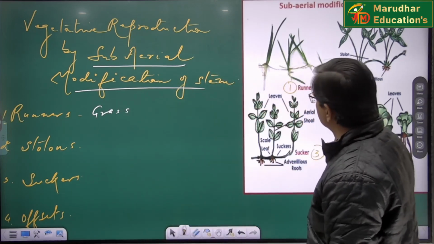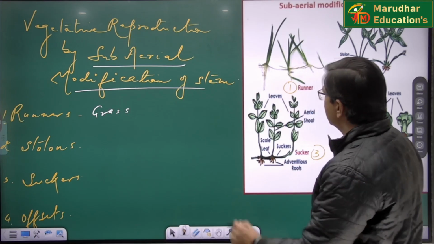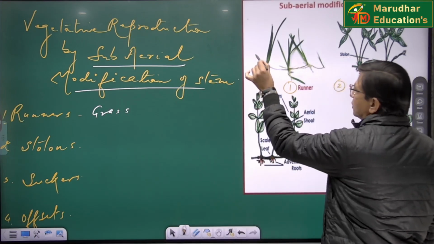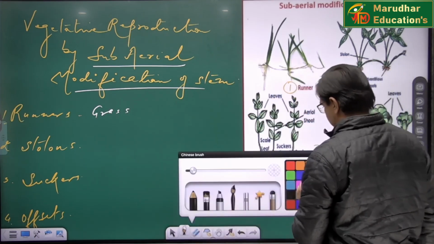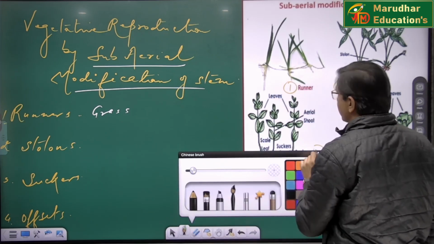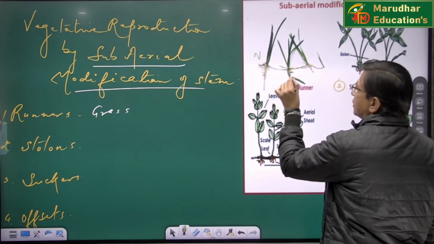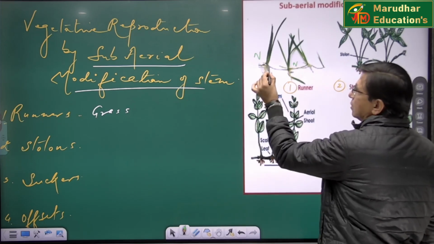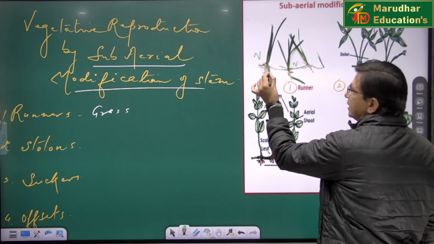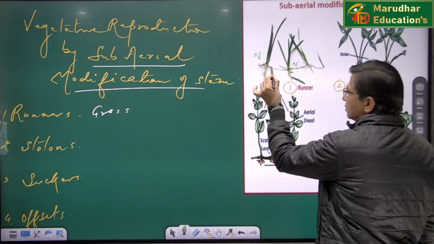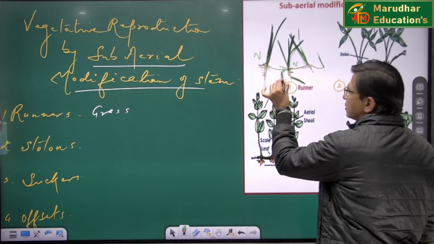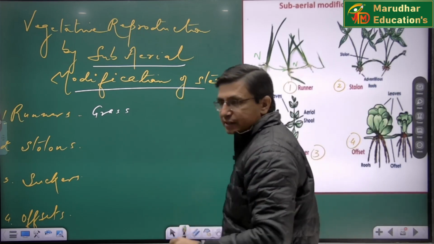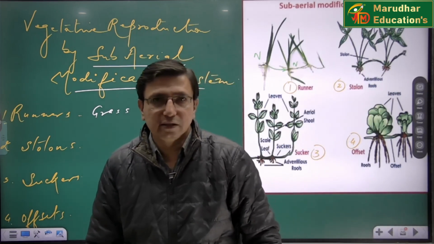So what runners actually are? See, this is a node. This is a node, right? This is again a node. What happens? Stem growth, an internode grows from this node and it spreads horizontally, right?